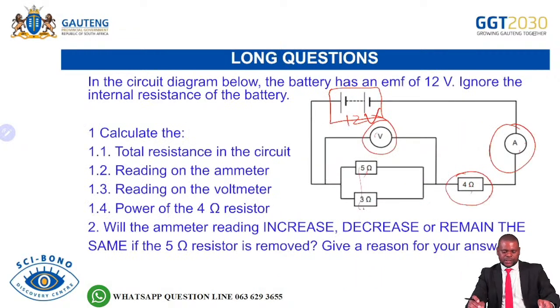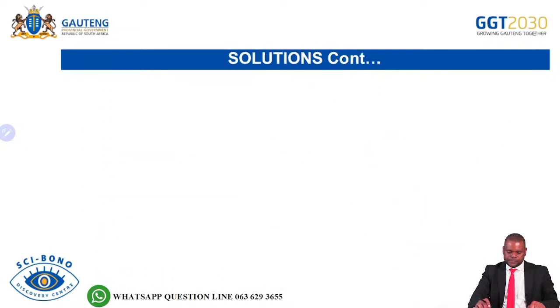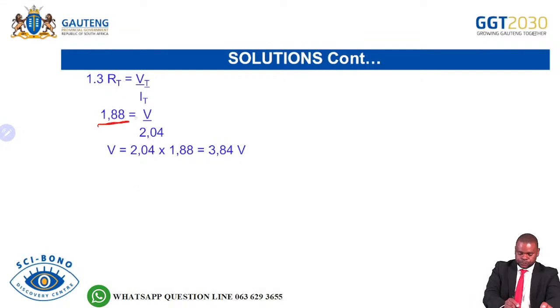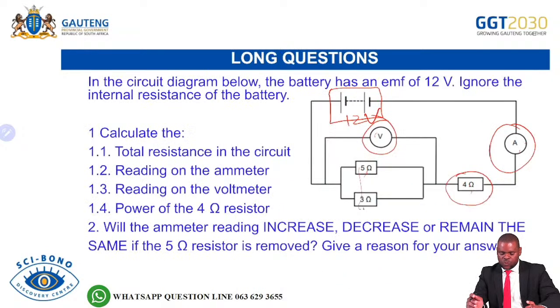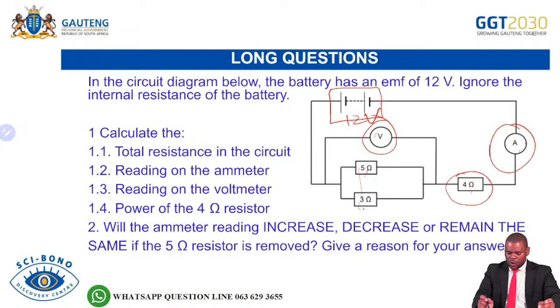Let's go back and check number 3, the reading on the voltmeter. The voltmeter reads the voltage across the part of the circuit it is connected to. Let's go back a bit so that I can explain why I'm using 1,88.